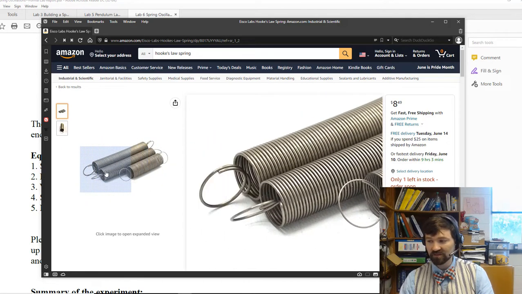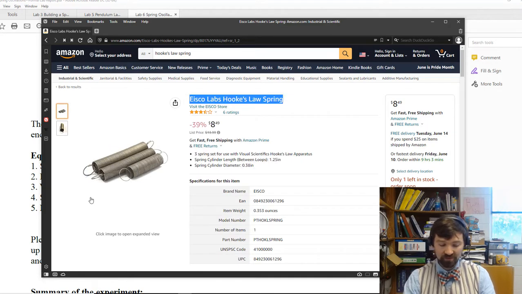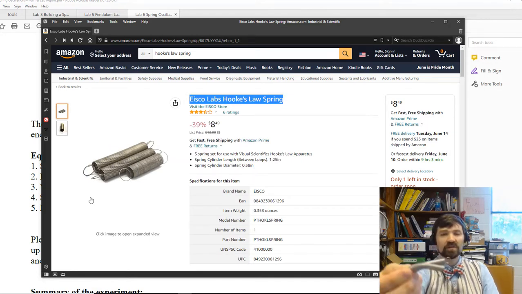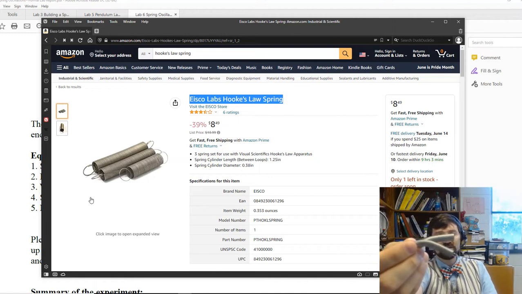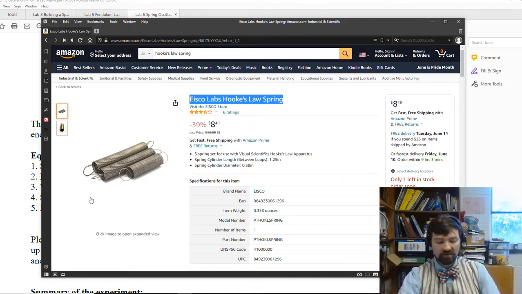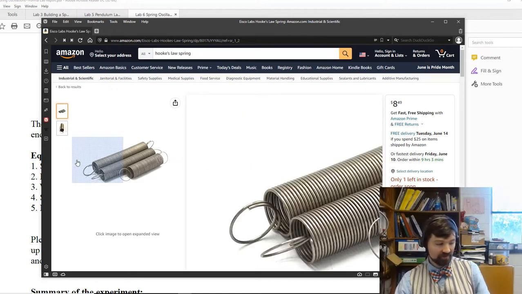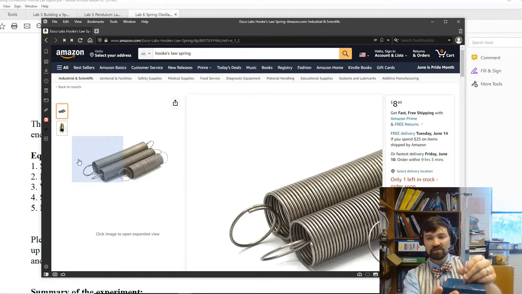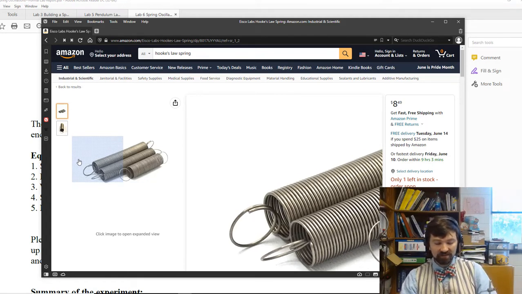There's a shorter one and 2 longer ones, and of the 2 longer ones, one is a relatively stiff spring and the other is a relatively loose spring. You can see that one of them is a little floppier than the other. And then to help me with this demonstration, I have a little stand that I can hang the spring from. So here's the spring.